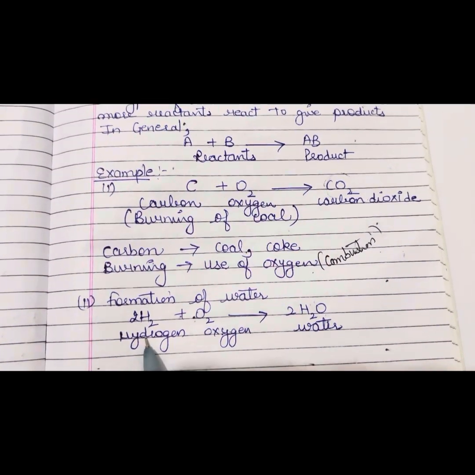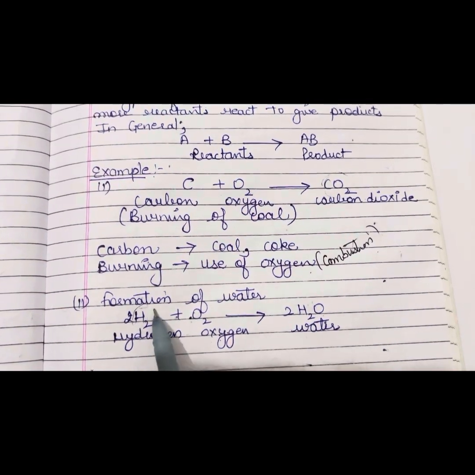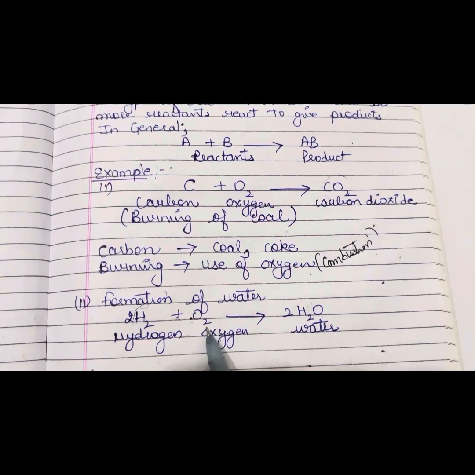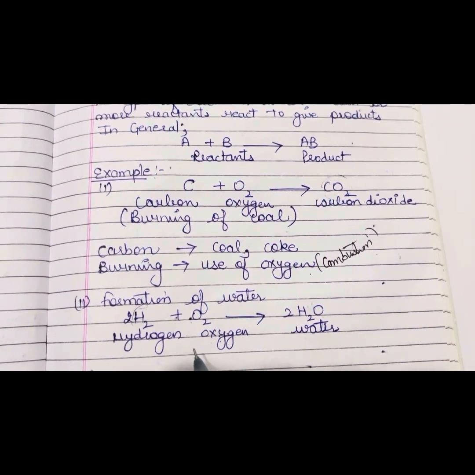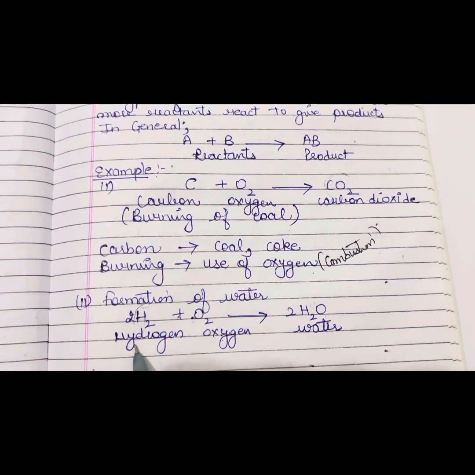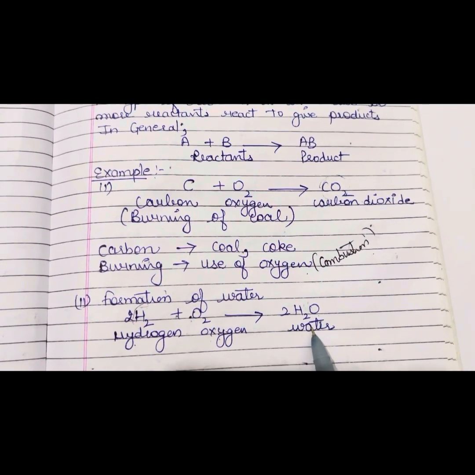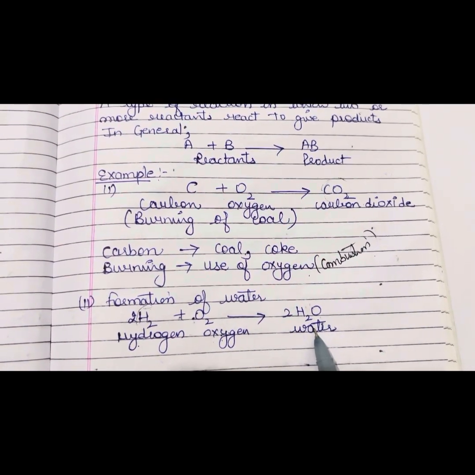Hydrogen and oxygen both are gases, so you can write them in the form of H2 and O2. You have to remember one thing: whenever gases are there, you have to write each and every gas in the form of a molecule. So when hydrogen combines with oxygen, it will give water. This type of reaction is known as combination reaction.